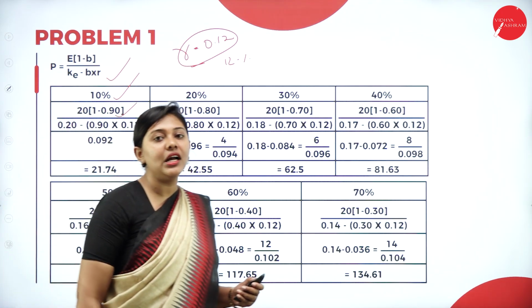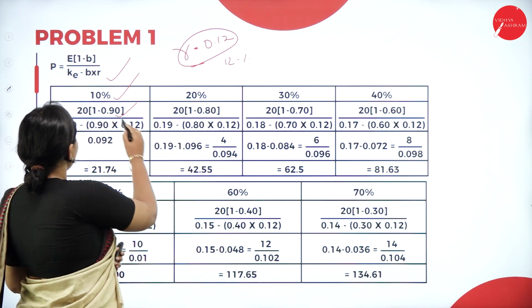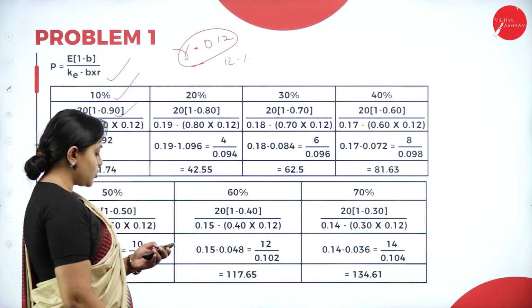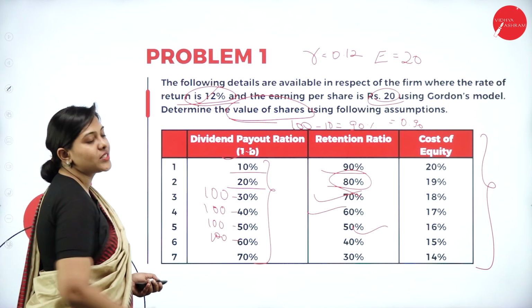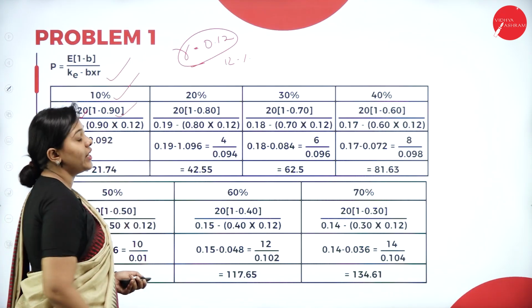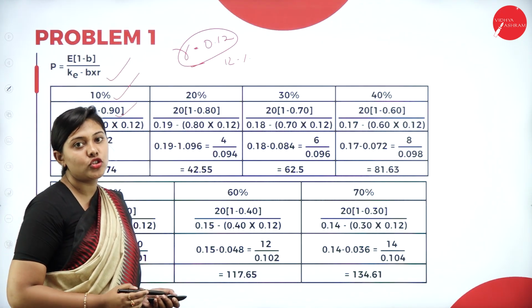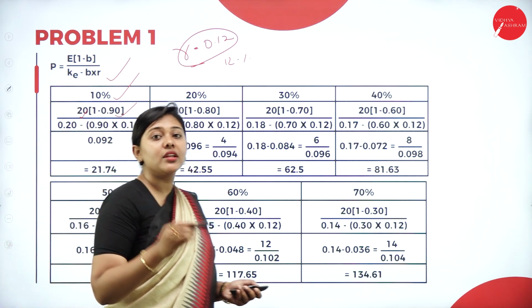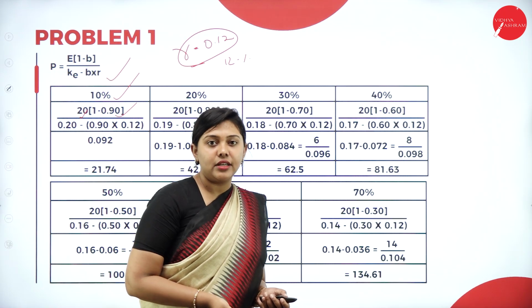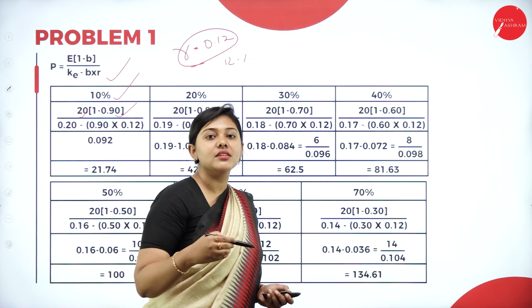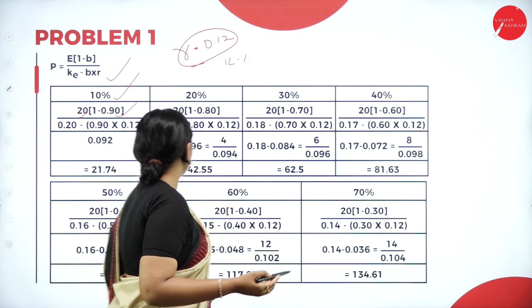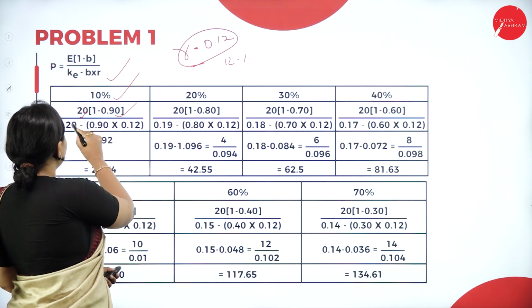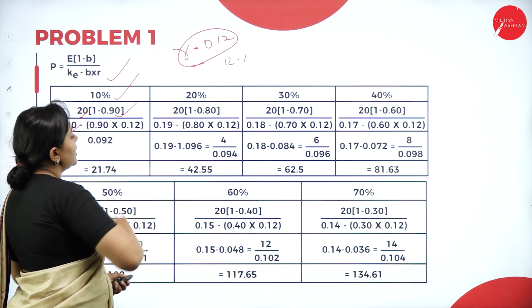So let's substitute the values. Earnings is rupees 20, we have taken rupees 20. 1 minus retention ratio. When the dividend payout ratio is 10%, what will be the retention ratio? That is 90%. Converting into decimal, it is 0.90. Divided by the equity capitalization rate.